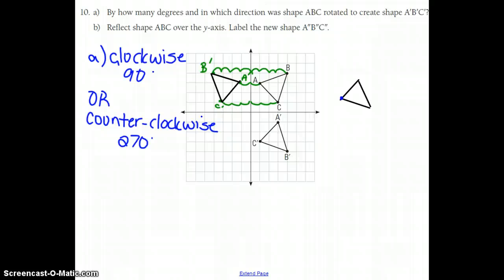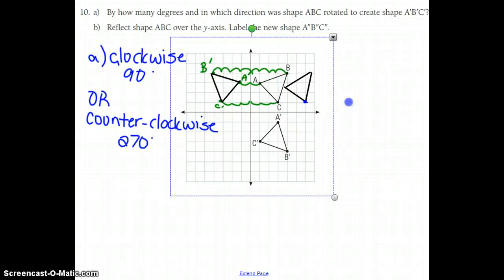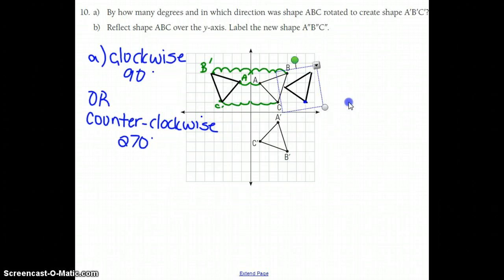How many degrees in which direction was shape ABC rotated? So here what I did is I created another shape that fit exactly on shape ABC. This needs to be turned a little bit there. So now this would be directly upright or facing due north.